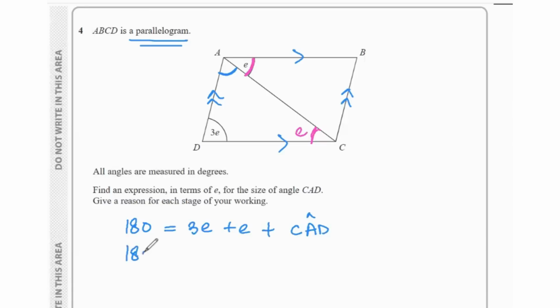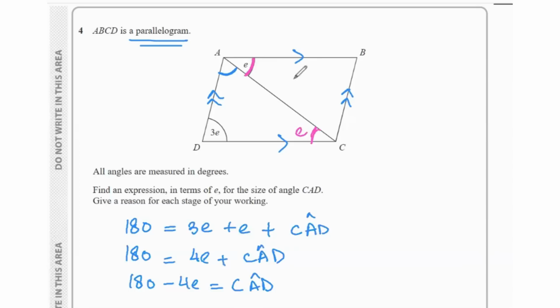So that's 180 equals 4E plus CAD. And that's 180 minus 4E equals CAD. This is your expression for angle CAD.